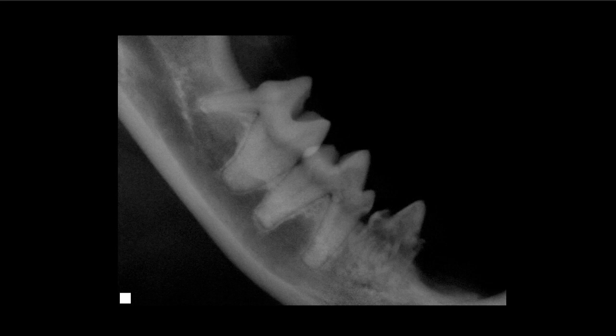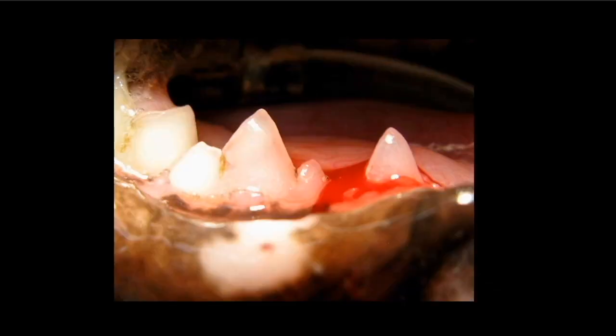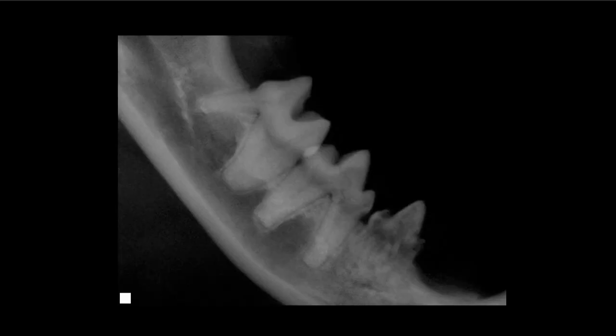But look at the tooth to the left, look at the crown, look at the shade in that crown, and then look back at the tooth itself. You can see that pink hue in the crown, especially on the right side there, the right side of the middle crown, or the middle cusp, and then look at it on the radiograph.